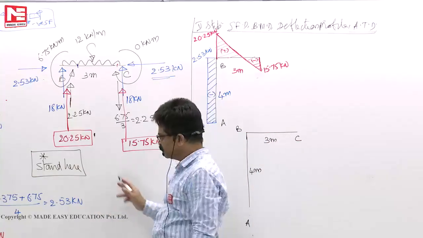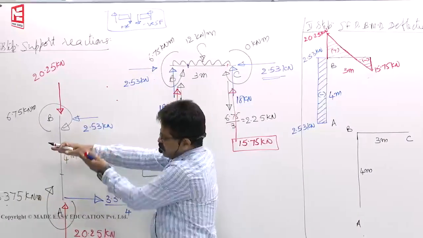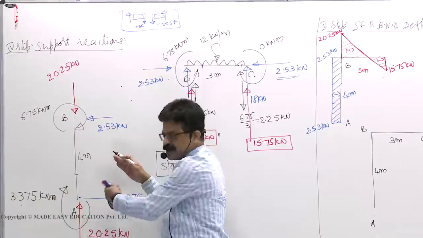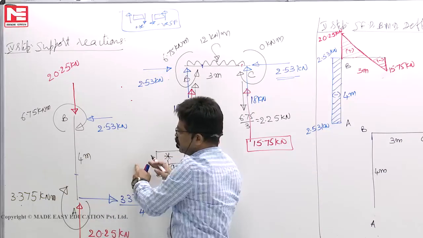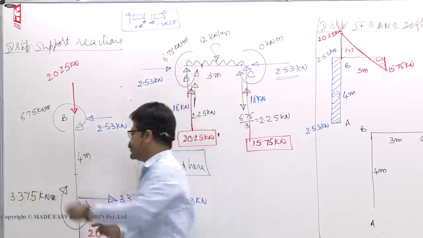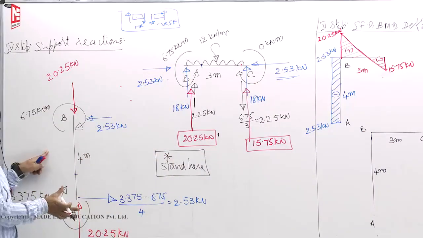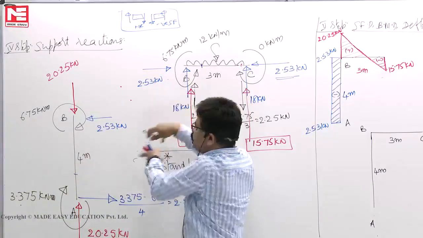Then how to draw? Again, go inside the frame, stand here. Section left side clockwise. Will it sag or hog? It will sag if you stand here. If you stand here, it looks like hogging only. But always we should stand inside the frame and decide. Look this way and this way.